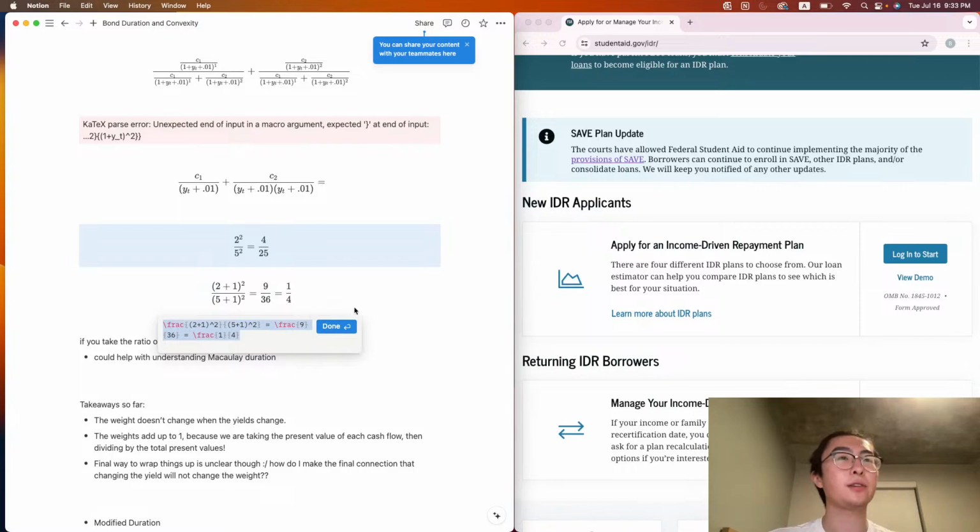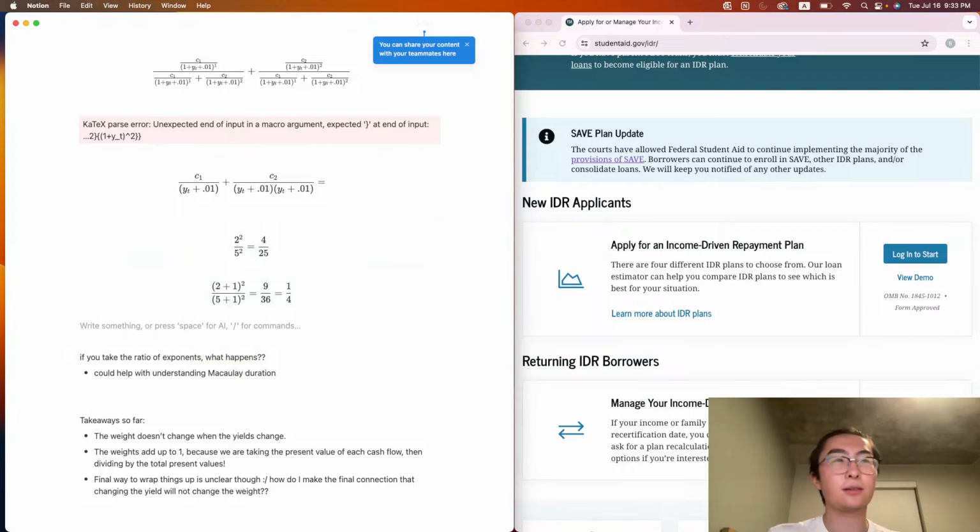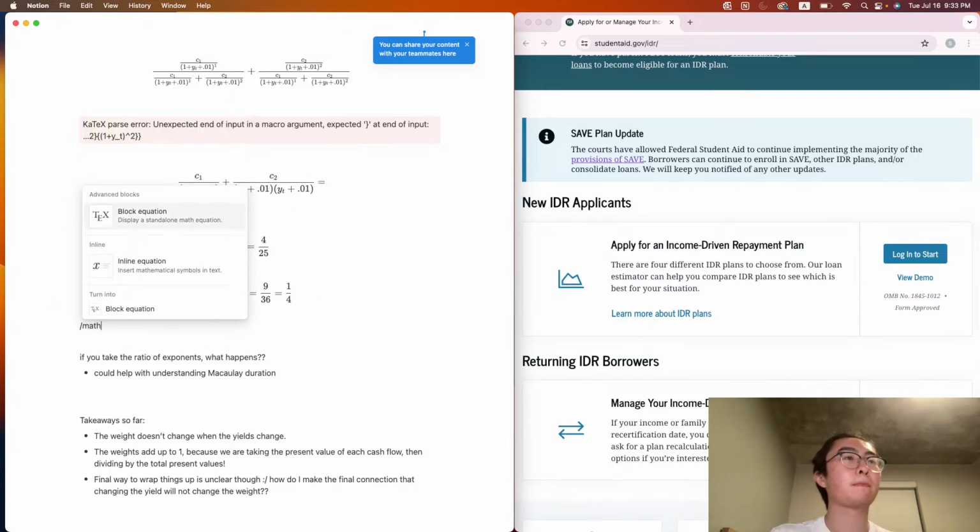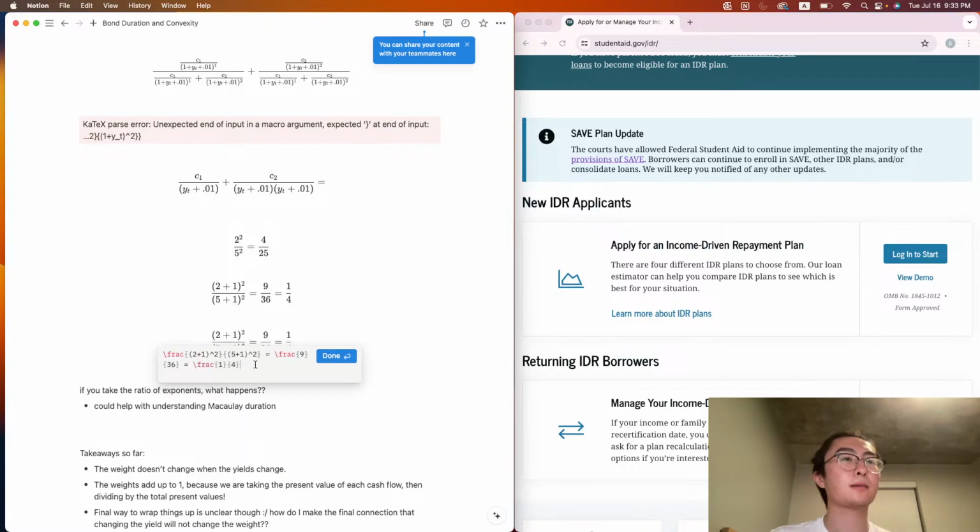Wait, so what happens if I do this then? This is kind of getting off topic here, but 3 plus 1, 6 plus 2, so that's 16 divided by 49.